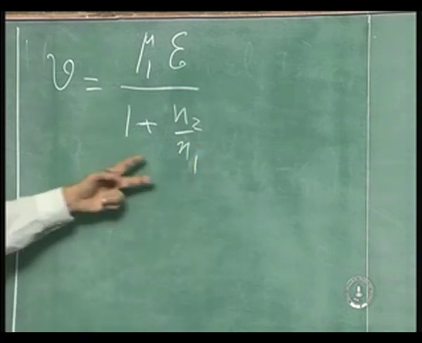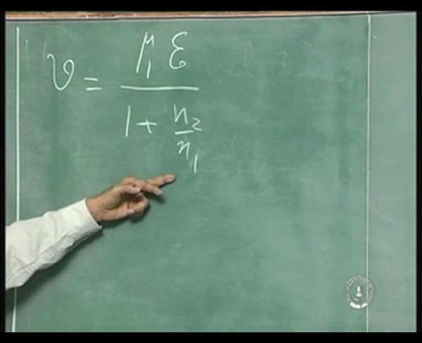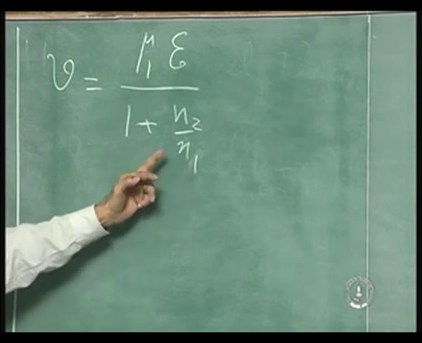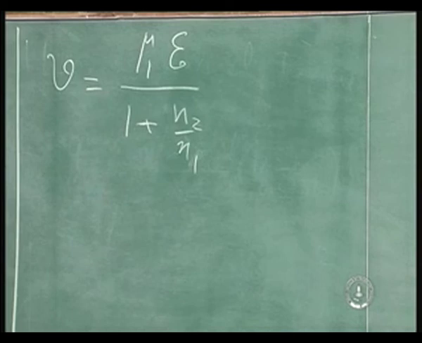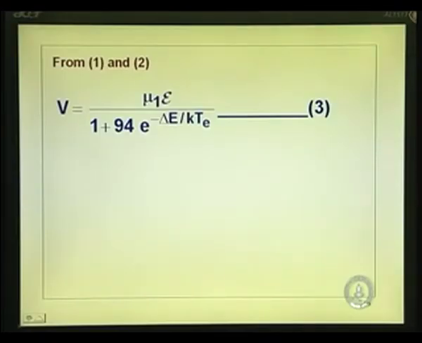And N2 by N1 is Nc2 by N1 into e to the power minus delta E by kT. Nc2 by N1 we just saw is 94. And remember that T is not the lattice temperature, it is Te all through. All these equations are valid for the hot electrons because they have energies above the lattice temperature.